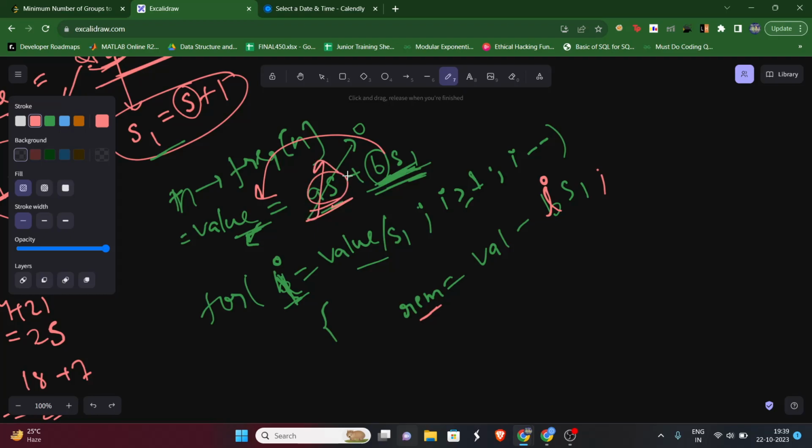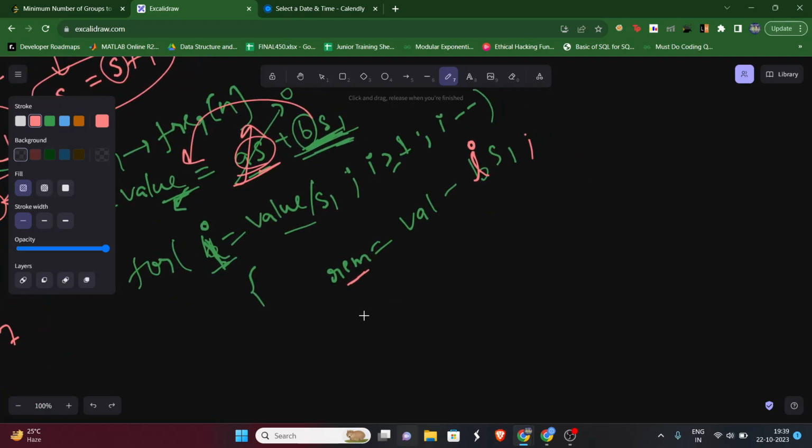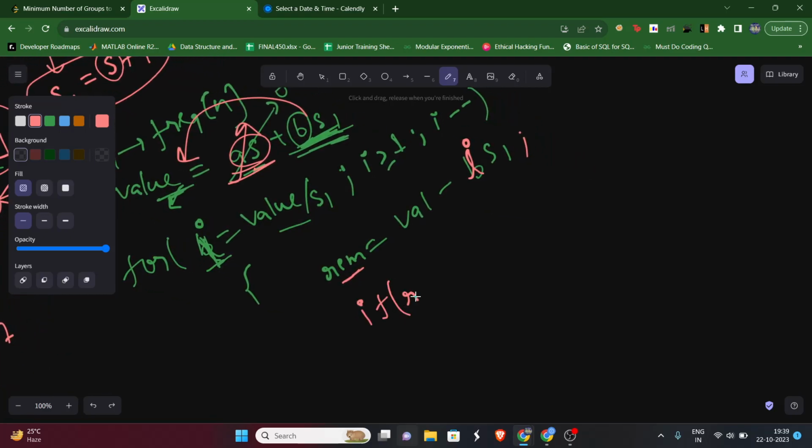For finding a, the remaining value should be divisible by s, that is, remaining value modulo s equal to 0. So write it this way.